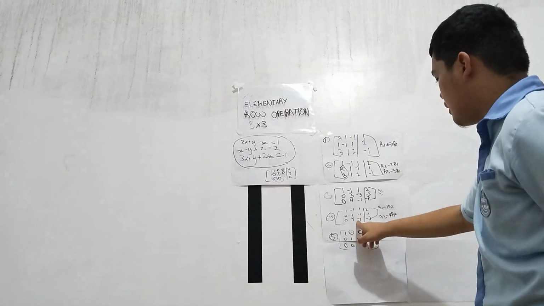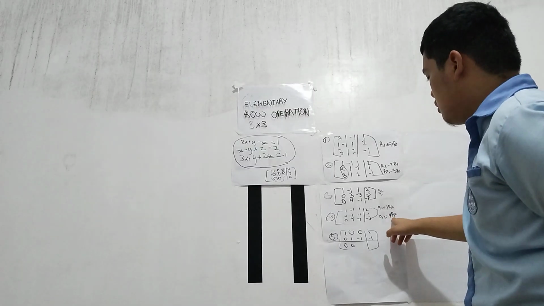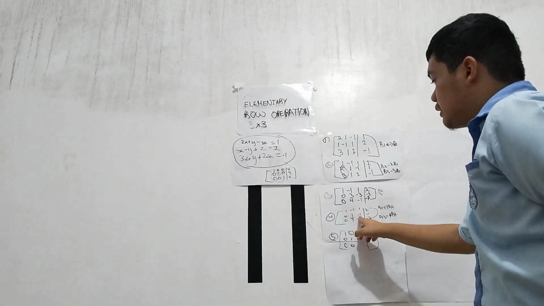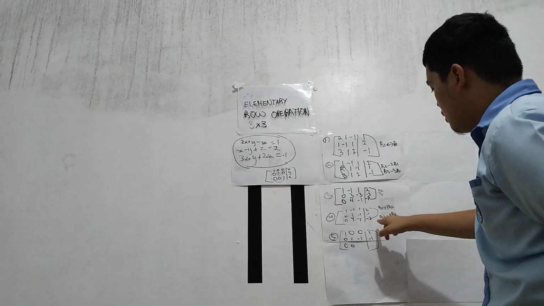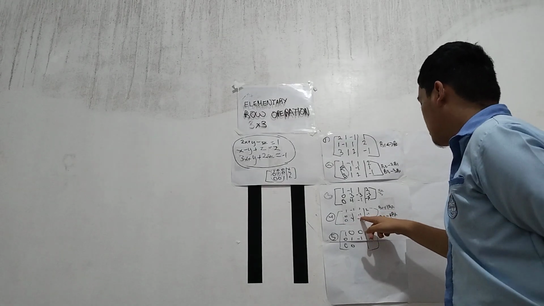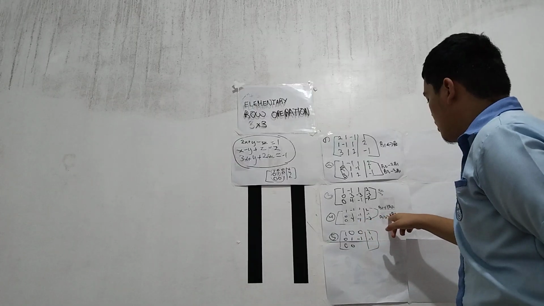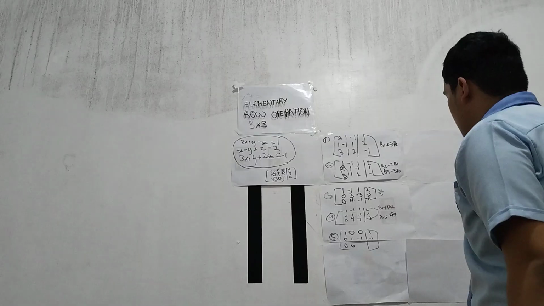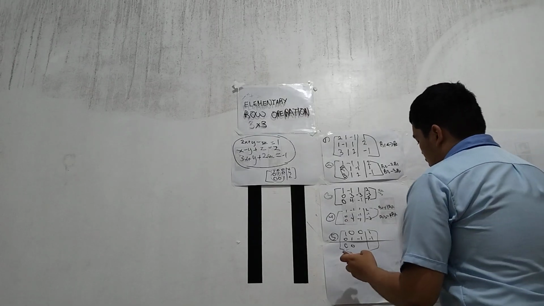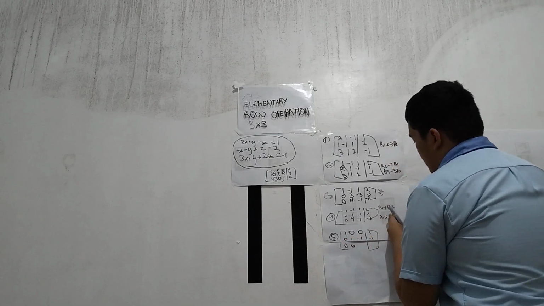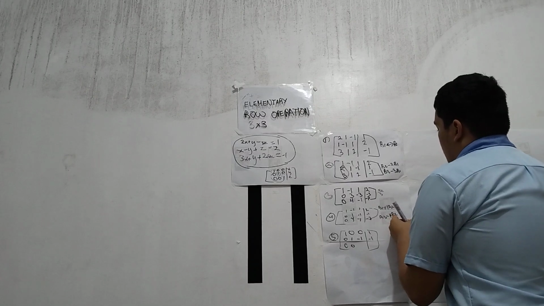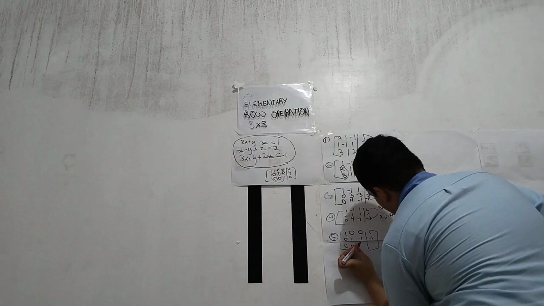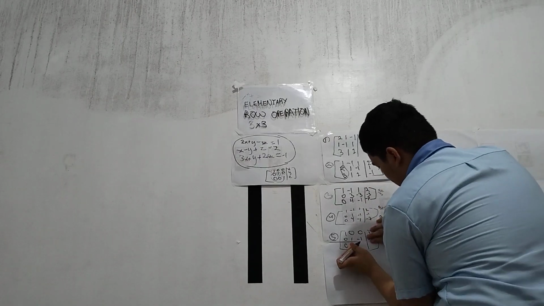0, negative 4. 4 times negative 1 is negative 4, and negative 1 minus negative 4, negative 4 plus positive 4, is 3.